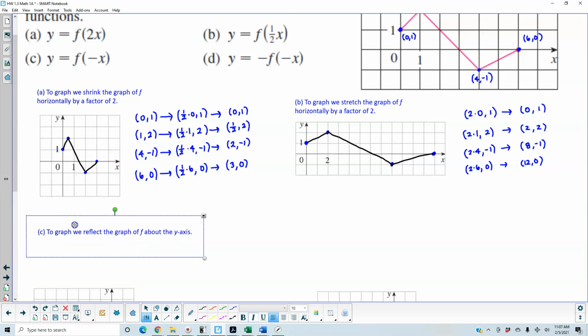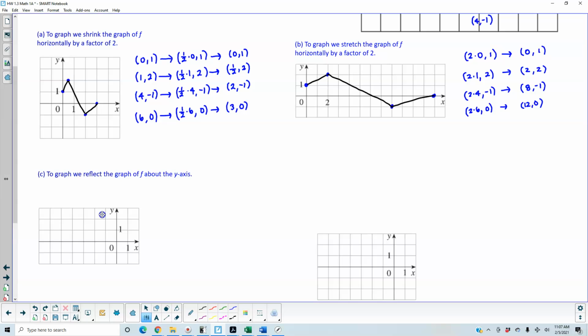So for part C, to graph, we reflect the graph of f about the y-axis. So that means we're going to take -1 and then multiply it by each x value. So we have -1 times 0, and the y value 1, which gives us (0, 1).